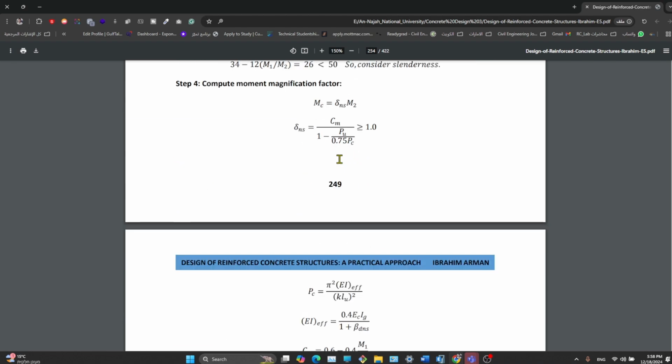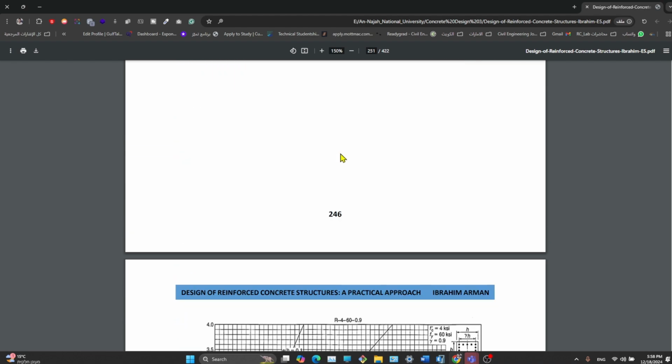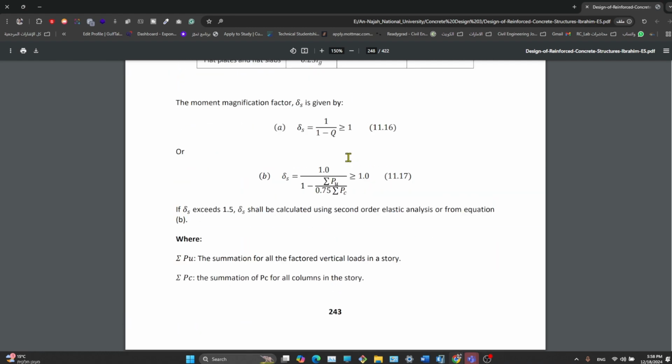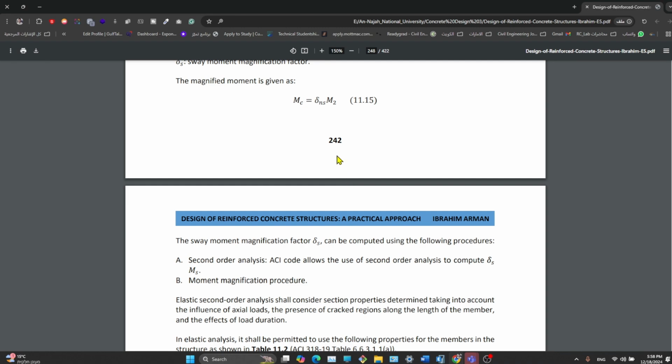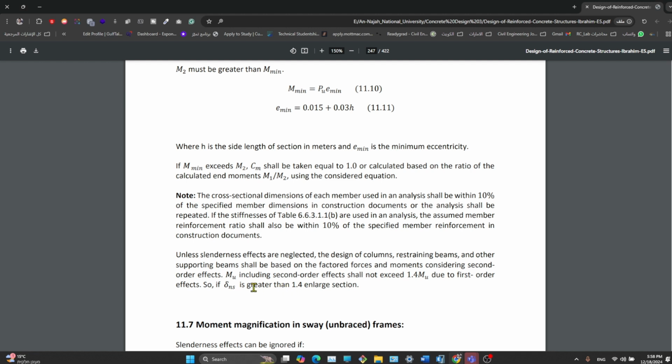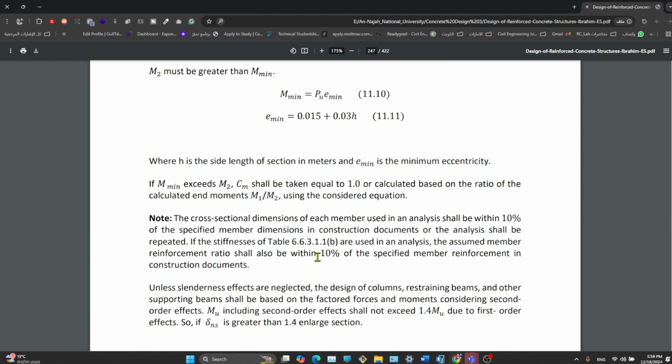From previous lessons, we discussed that delta NS has a maximum allowed value, I think it's 1.4 something. Yes, if delta NS exceeds 1.4, then we need to enlarge the section. It means the section is very thin regarding the height, the moment, the ultimate load, the moment of inertia, and the stiffness. All of these factors are playing together.